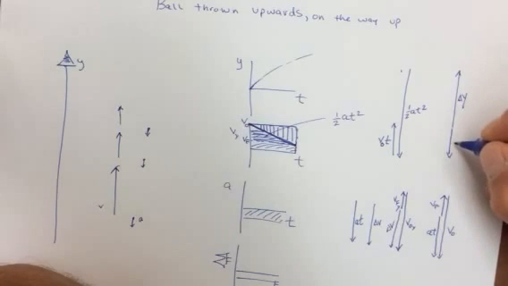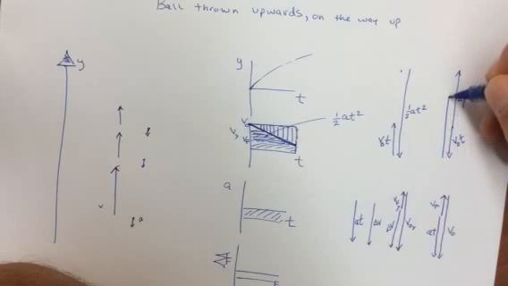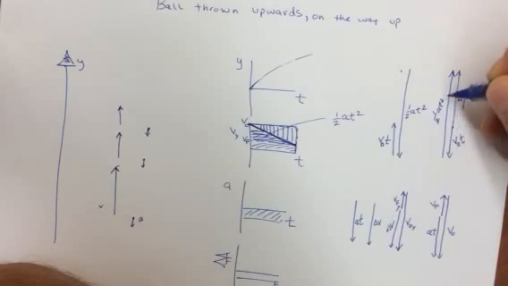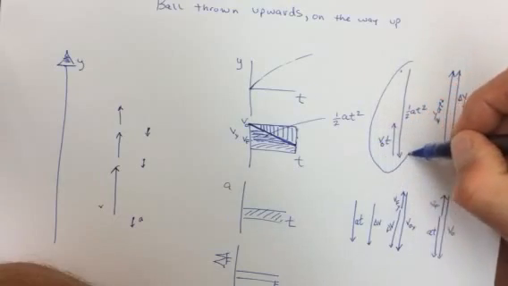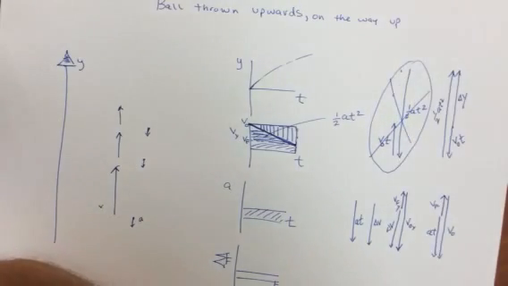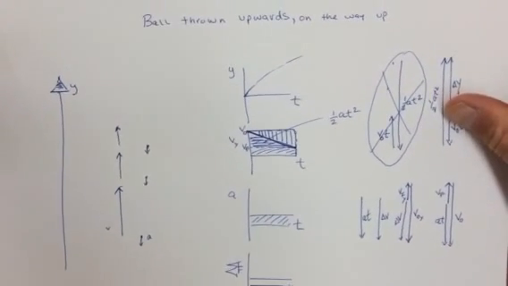Now this is cool. It's really going to look like this. I just had the vectors the wrong lengths. So my v naught t adds with my 1/2 AT squared. So this part here was incorrect. Let me cross that out.